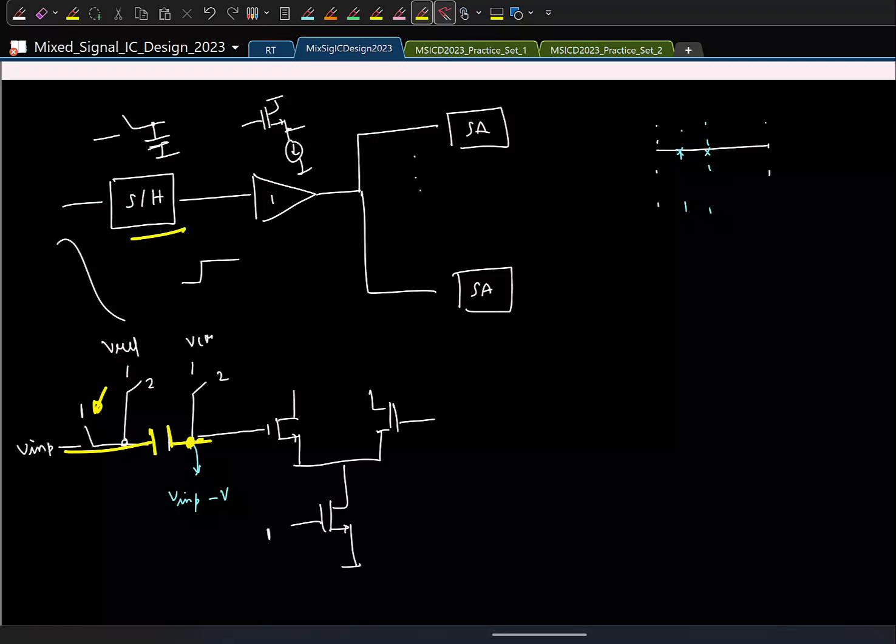If in the sample and hold, the hold phase is phase 1, in which phase is the signal getting sampled? 2. In clock phase 2, the sample and hold was sampling, and in clock phase 1, it is holding, and that's why we are doing this. So the signal was already sampled in phase 2. We can activate the comparison in phase 1. Is that okay?